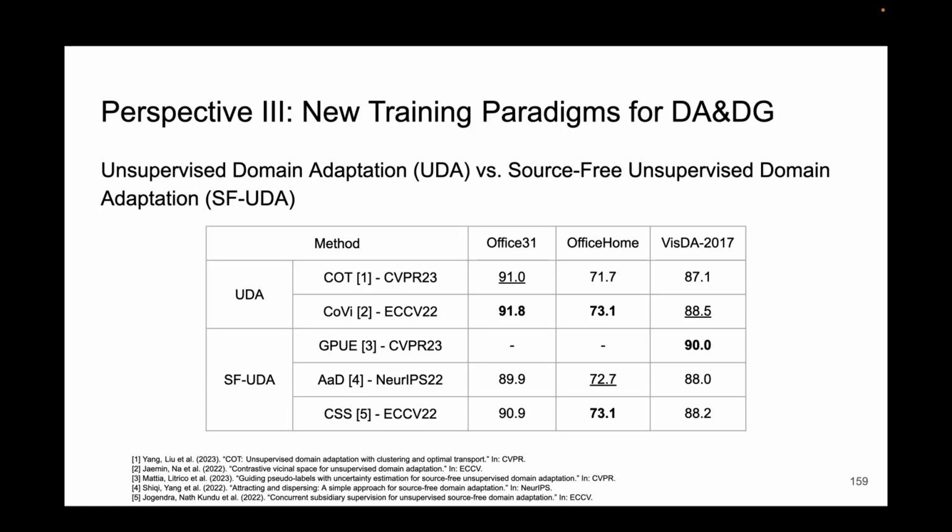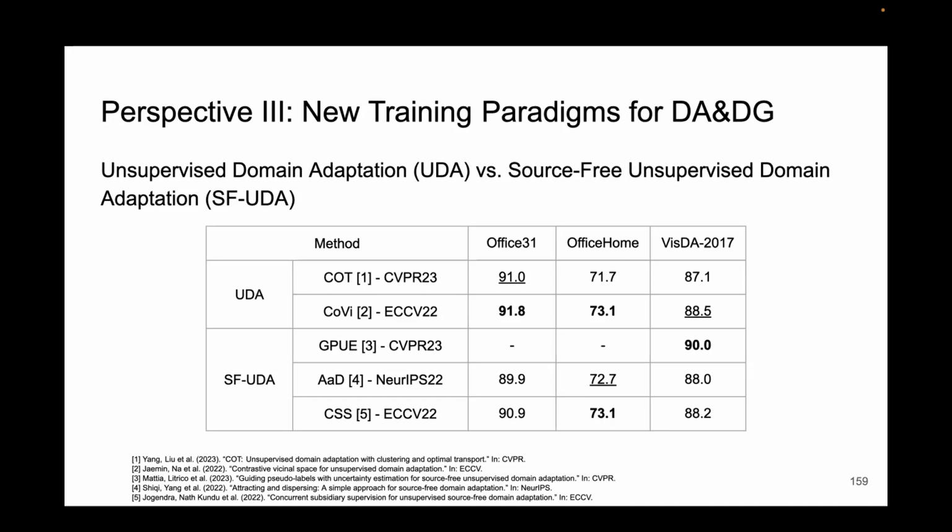This brings us a very important observation: maybe source-free UDA has been showing a certain advantage over the traditional UDA, given that it does not need to access the source domain data. This might suggest that we can gradually form new training paradigms, such as combining large language models from the pre-training stage, where we might leverage source domain data with labels or supervision.